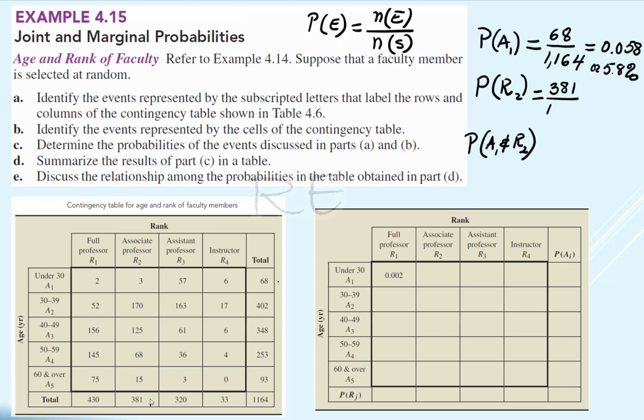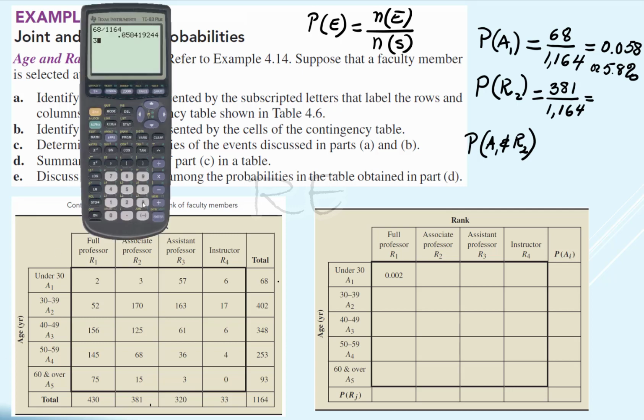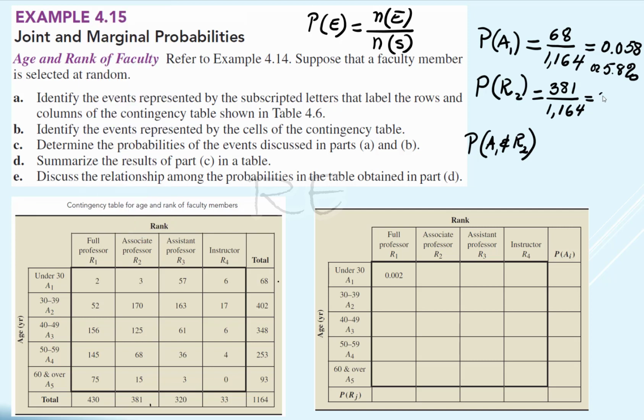So it's the total 381, which represents the total of the column, divided by 1164, which represents the total number of faculty members. It's 0.327, or 32.7%.